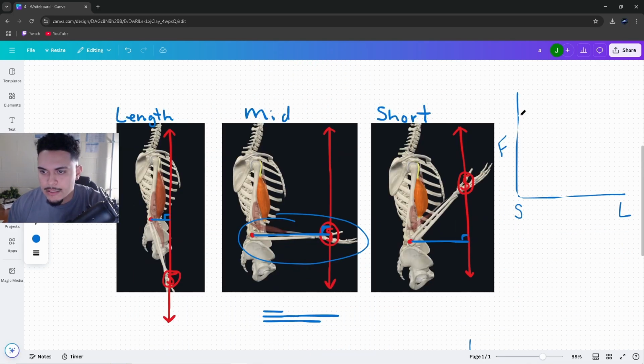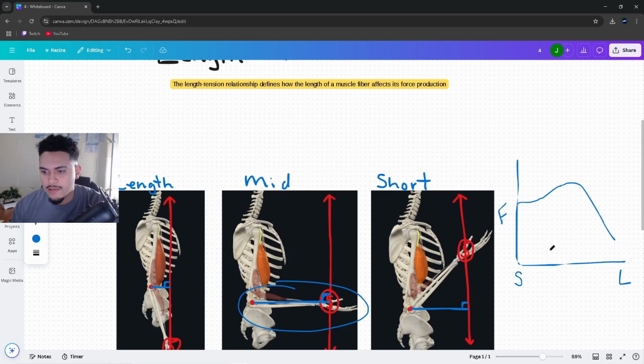What we're looking at is we're producing high amounts of force here in the shortened range, and then once we get to the mid-range, we're producing much more force, and then we're kind of dropping down here in the lengthened range.